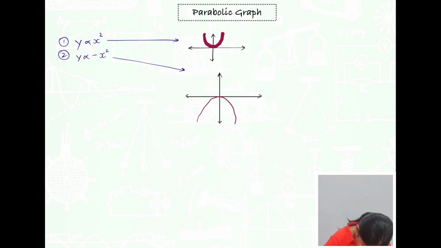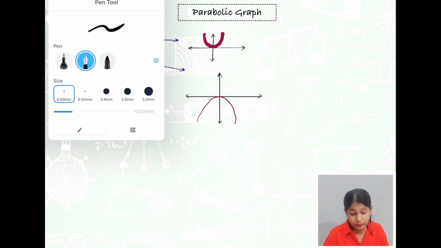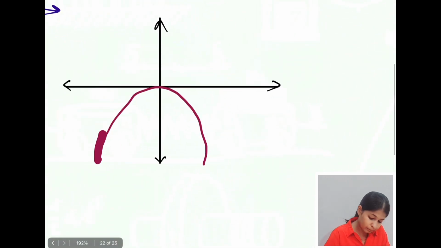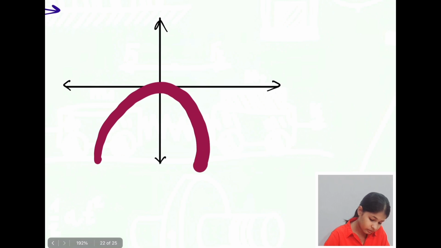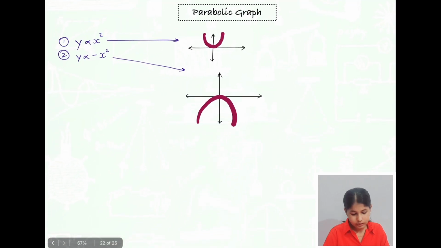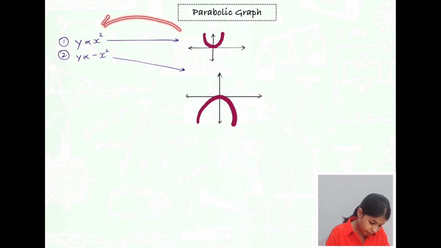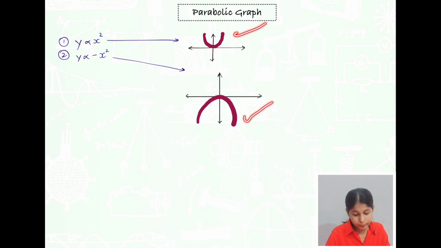Simply it will be a downward parabola. Let me bold it. Understood? This will be for negative. So this is for positive and this is for negative. The only difference is it will become an upward parabola, or a downward parabola. Also, one note is there.